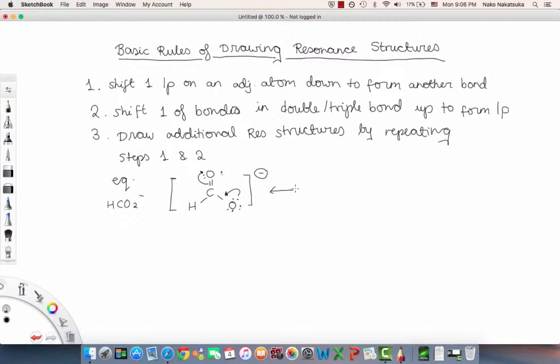So this has another resonance structure with this form. As you can see, I switched the single and the double bond position. And if I wanted to switch it back, I would go lone pair to this bond, which in turn breaks this bond and becomes a lone pair. It's the very straightforward process of shifting one lone pair and then shifting one of the bonds.